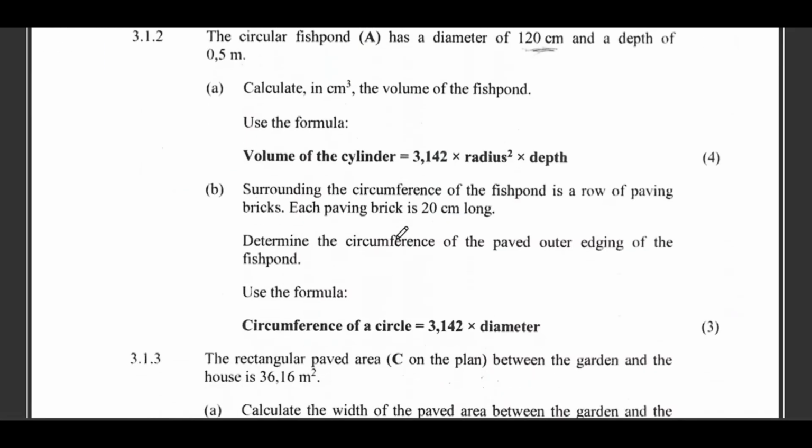3.1.2. A circular pond has a diameter of 120 centimeters and a depth of 0.5 meters. Calculate in centimeters cubed the volume. They have given the formula, but they want the answer in centimeters. The depth had to change to centimeters.